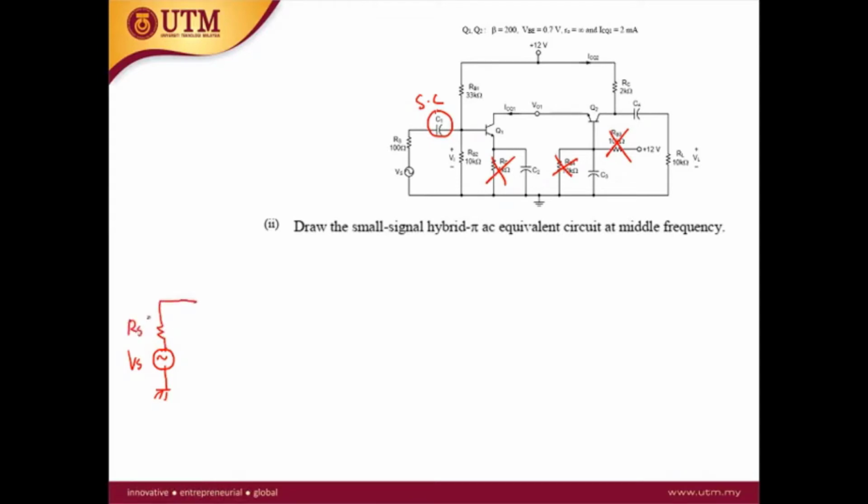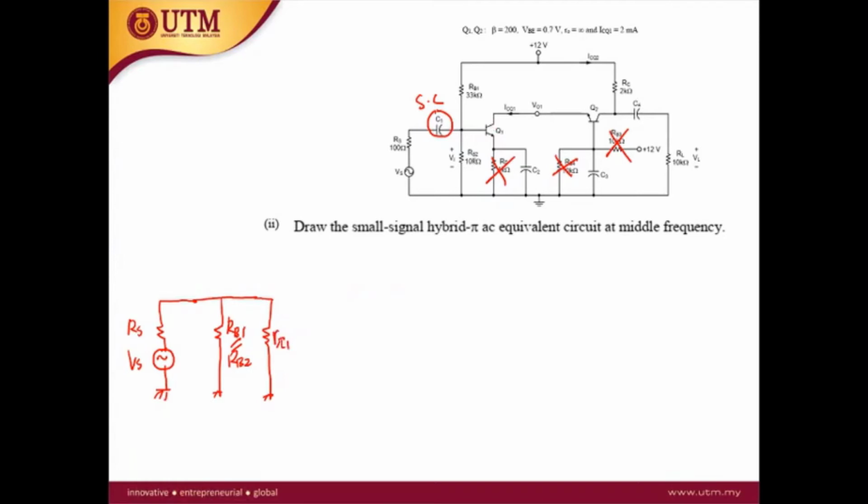This is your RS. And then we have the RB1 parallel with the RB2. Between the base and emitter, we have the R pi 1, and the emitter is grounded.